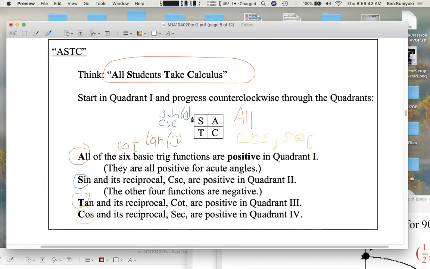So when I say that, for example, in quadrant 2, sine and cosecant are positive, that means the other 4 are negative. In quadrant 3, these 2 are positive, the other 4 are negative. In quadrant 4, these 2 are positive, the other 4 are negative. All students take calculus. ASTC. You start in quadrant 1 and you go counterclockwise, as usual.